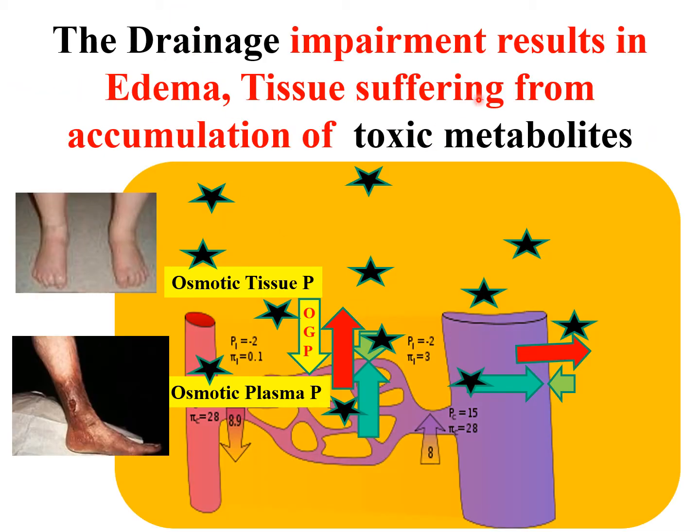So the drainage impairment results in edema, tissue suffering from accumulation of toxic metabolites. You can see here edema, ulcer, excess of transmural pressure at the level of the microcirculation.